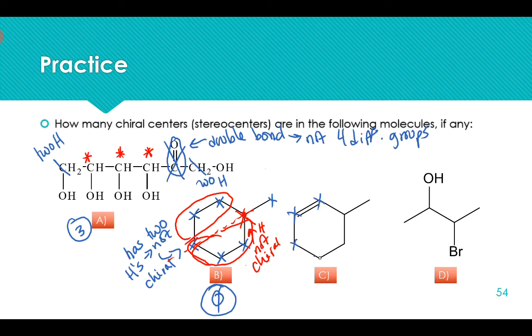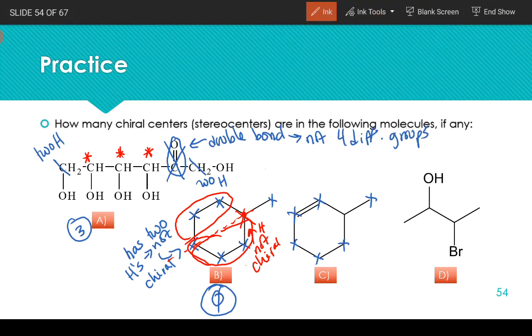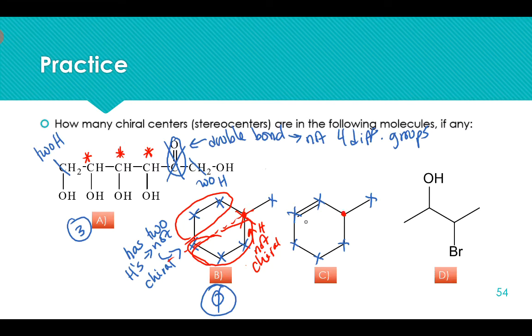And then same reasoning as before, each of those still had 2 hydrogens on them. This one had 3. So all of those carbons are not chiral. Now if we switch back to look at the one that we haven't eliminated, we're looking at this one, now we have this group versus this group.